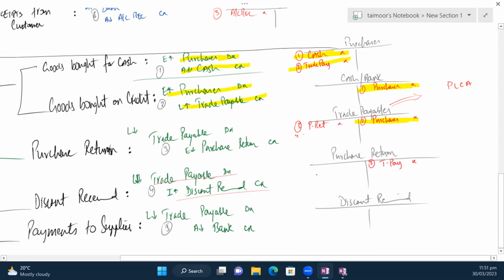Trade payable debit because of discount received and discount received credit because of trade payable. And finally, it is trade payable debit and bank credit. So trade payable debit because of bank and bank credit because of trade payable.